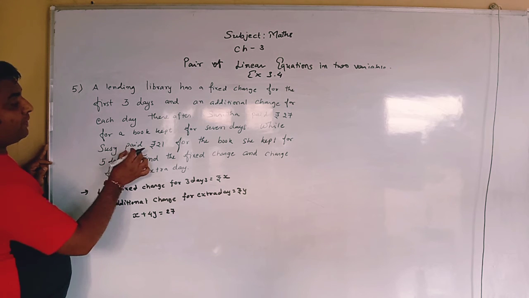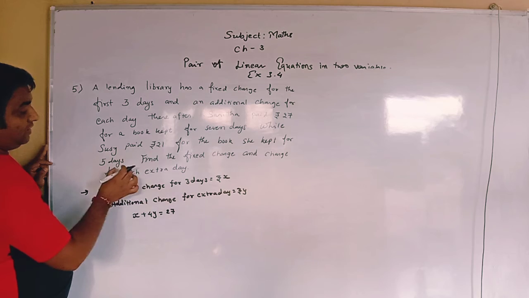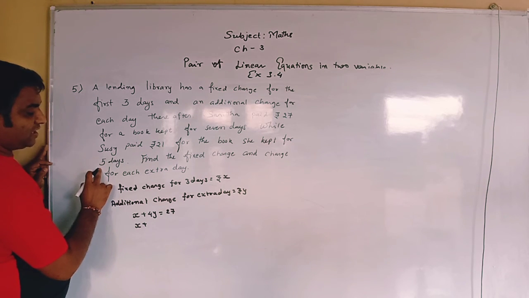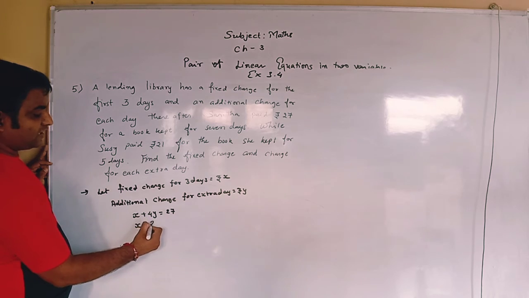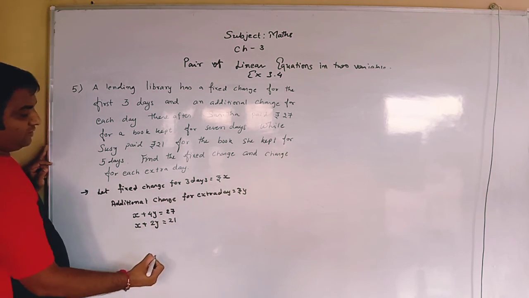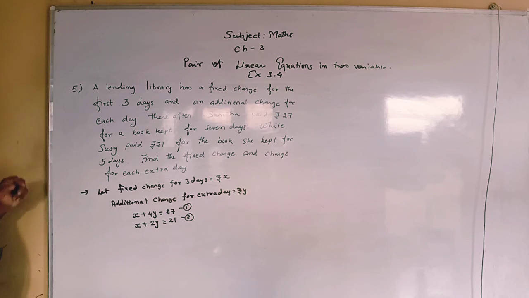Similarly here Susy paid rupees 21 for 5 days. So x rupees for the 3 days and 5 minus 3, for the extra 2 days she kept, so x + 2y equals 21. So this is equation 1 and this is equation 2.